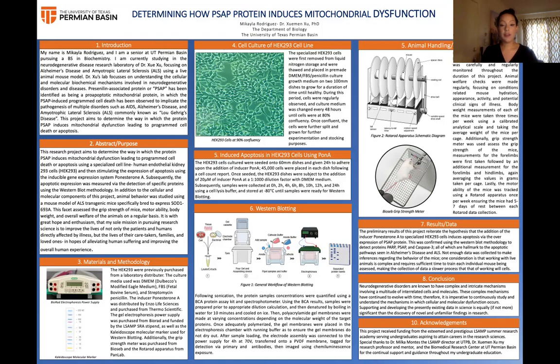Once the cells were healthy and reached 80% confluency, the cells were split into additional dishes.